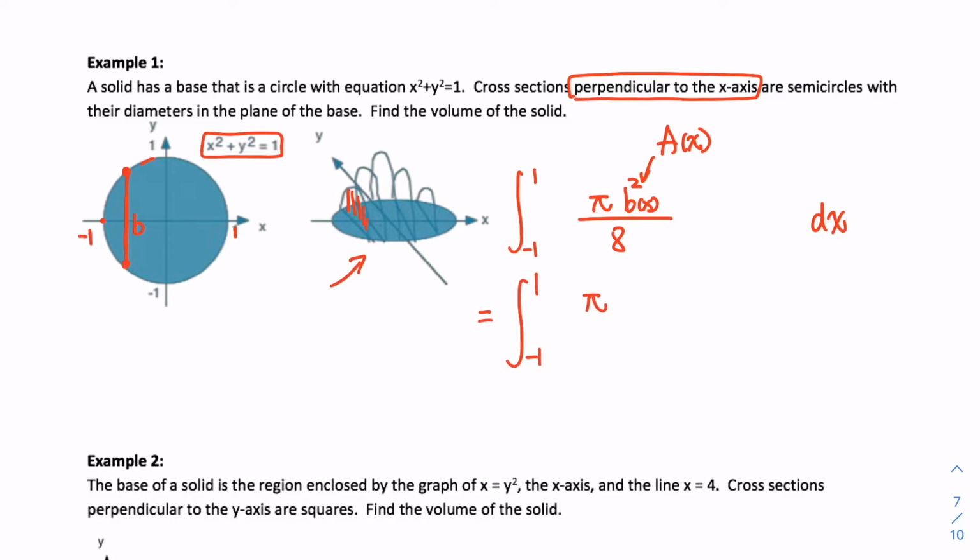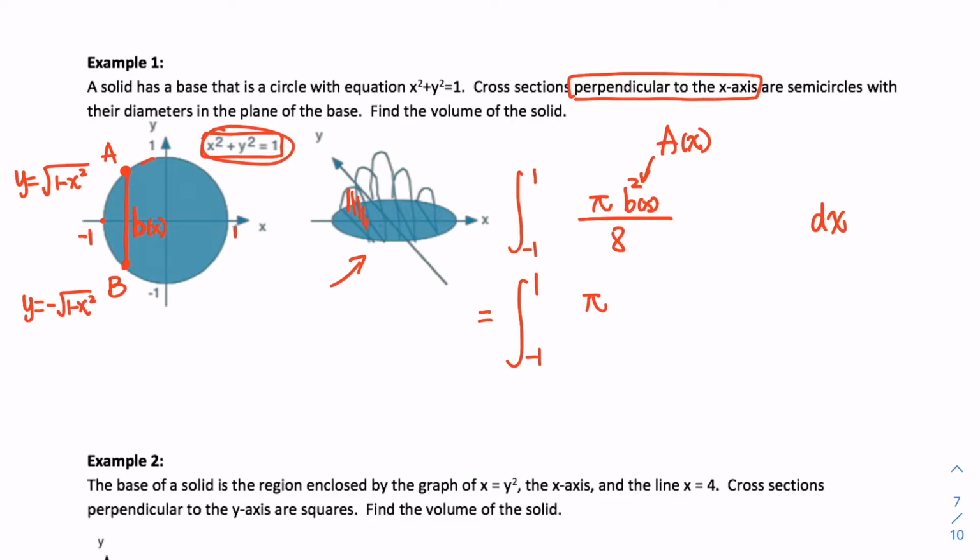If you look here, this is our b, that's the function of x, which will be the distance between a and b. So a minus b. What's point a? Point a, y equals square root of 1 minus x squared. Point b, because b is below the x-axis, so y will be negative square root of 1 minus x squared.